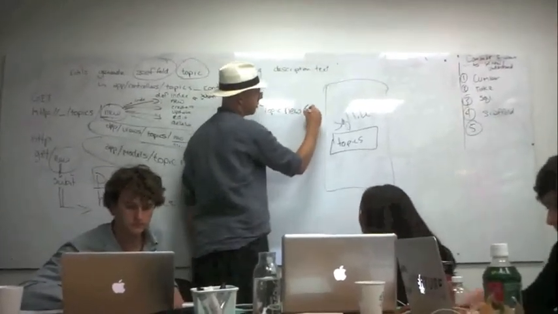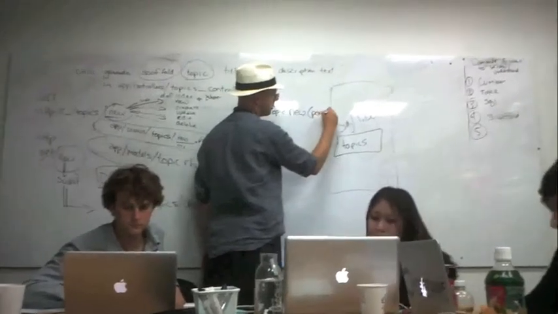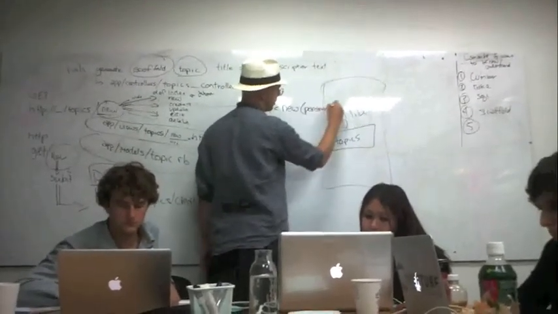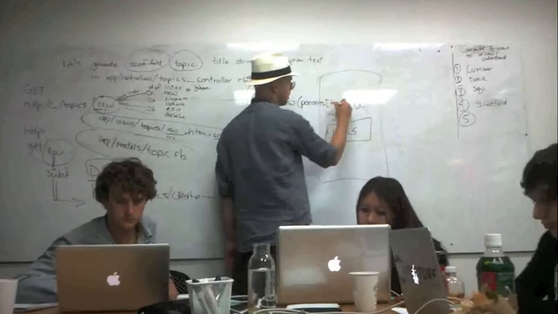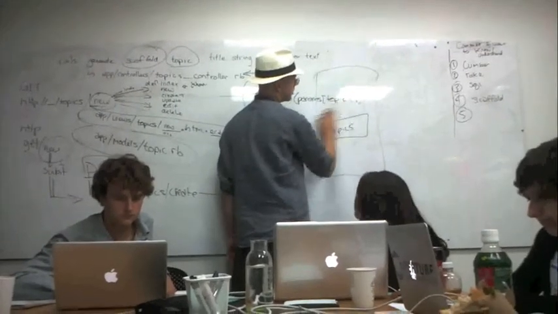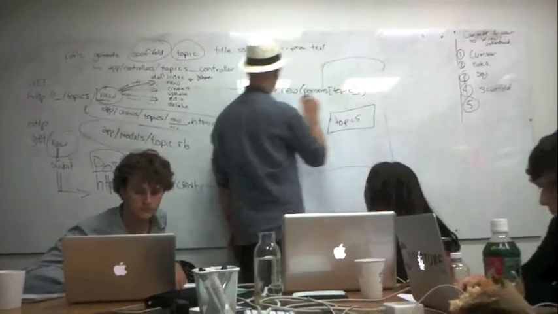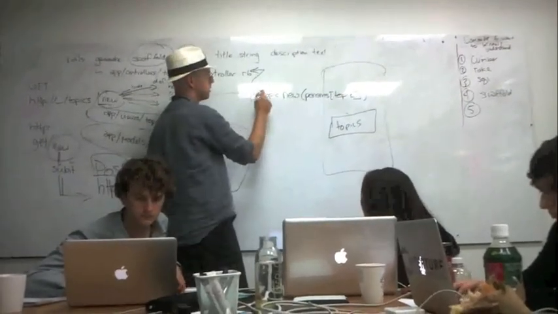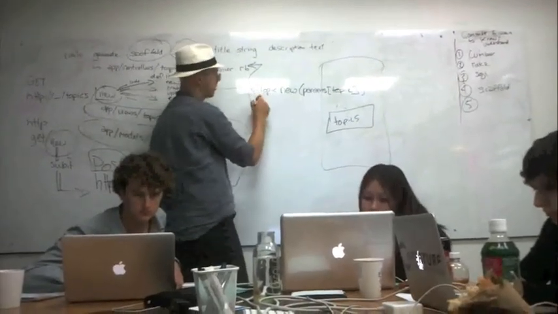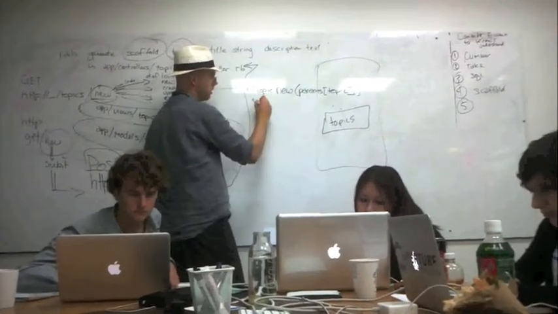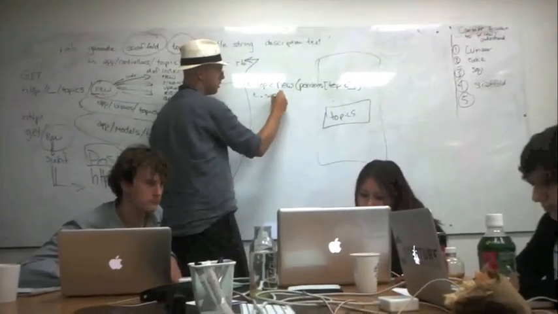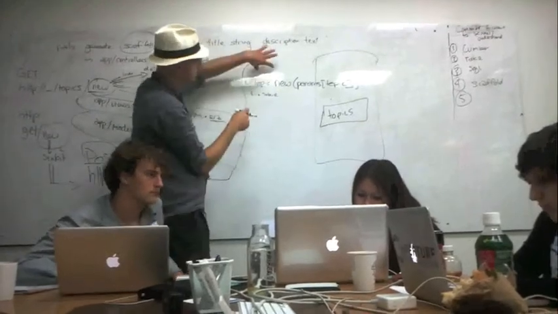So they do new, params, this is auto-generated code, topic, is it singular or plural? I think it's singular. Yeah. Topic new, and then there's some if condition, and it'll go T.save. So at this point, this is the model's job.